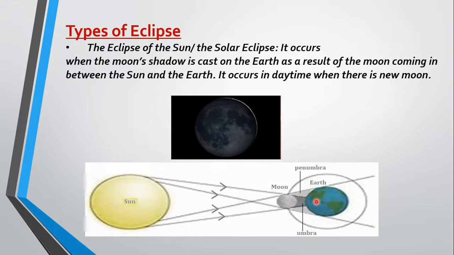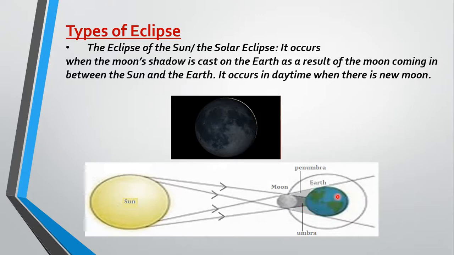I hope you understand the definition now. In this region, people on earth will see total darkness. In this region, they will see partial darkness. Hence the terms penumbra for partial darkness or partial eclipse, and then umbra for total eclipse.